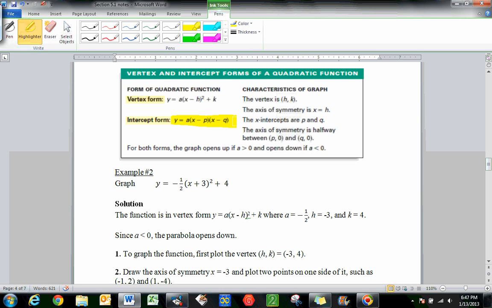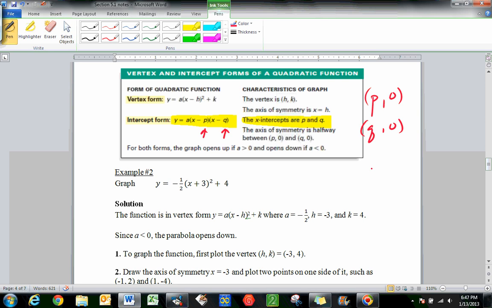Now, more specifically, you need to know that the p and the q that are represented in here are representing the x-intercepts, and of course the x-intercept should always be written as a point. So p and then 0 and q and then 0, and of course the p and the q are both representing x values.